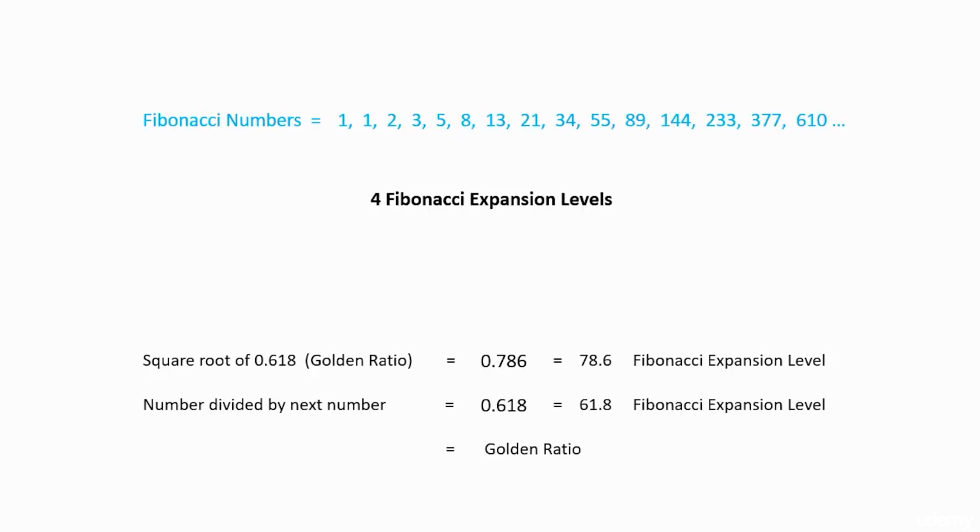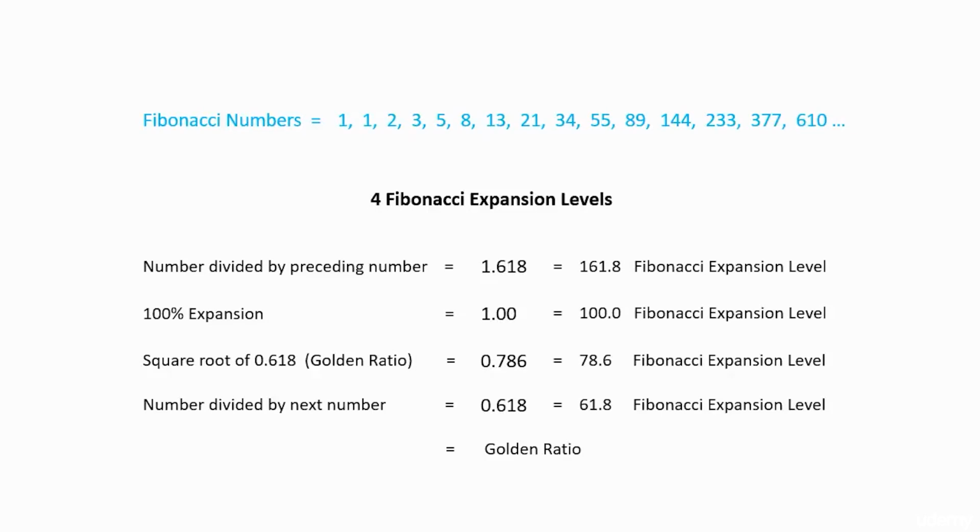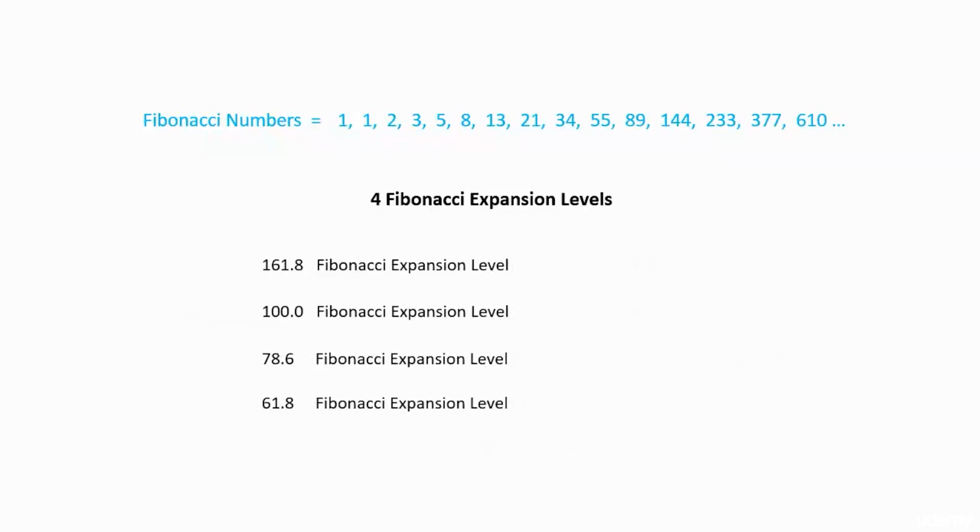Then the third level is the 100 Fibonacci level. Although 0 and 100 are not numbers which we can find by crunching the Fibonacci numbers, still these numbers are equally valuable like the other ratios. And the fourth level is the 161.8 Fibonacci level. Now, among all the 4 Fibonacci levels, the 61.8 Fibonacci level will be our first or initial profit target level in the Fibonacci expansion tool.